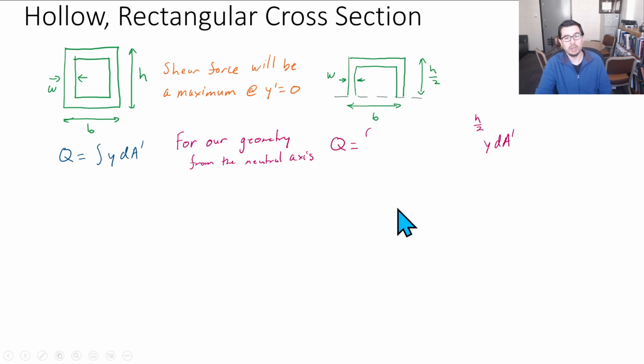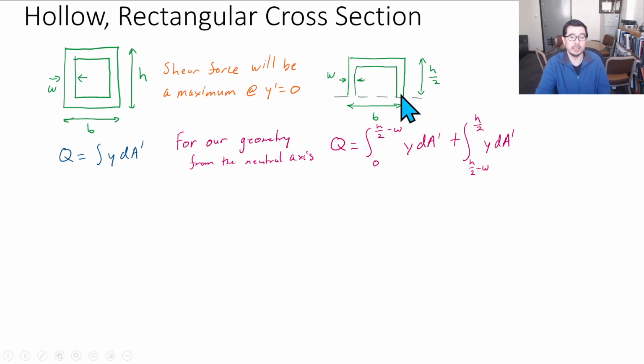So here we're going to say we're going up to some h over 2 minus w to the bottom here. And then we're going from this h over 2 minus w to the top. And they have different cross sections, right?